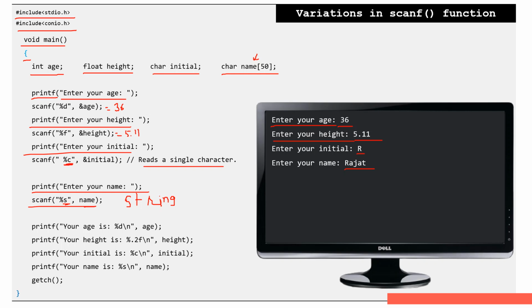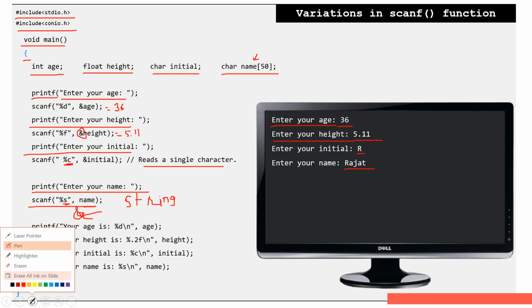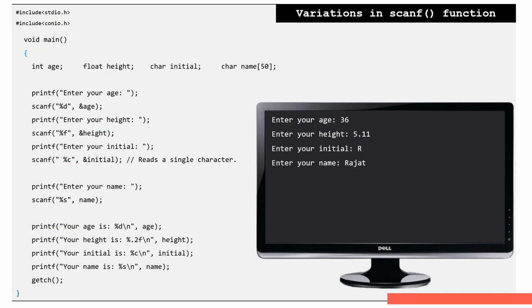Remember one point, that there will be no ampersand for scanning the string. Only for scanning character, integer and float is there use of ampersand, right? For taking the value of a string or character array, you need not have this ampersand over here, right? So just remember this thing.